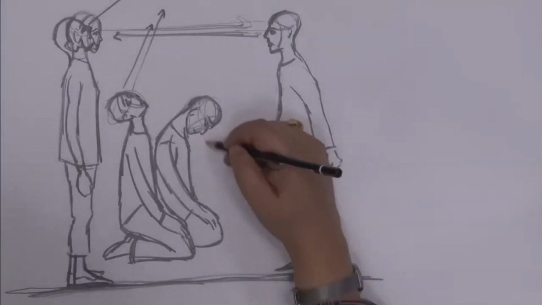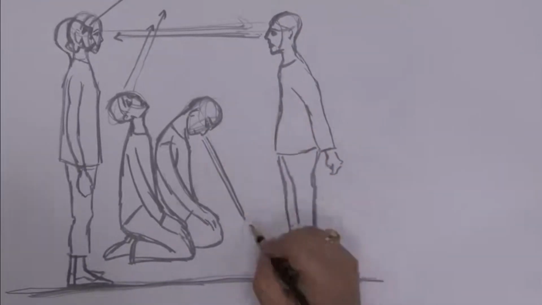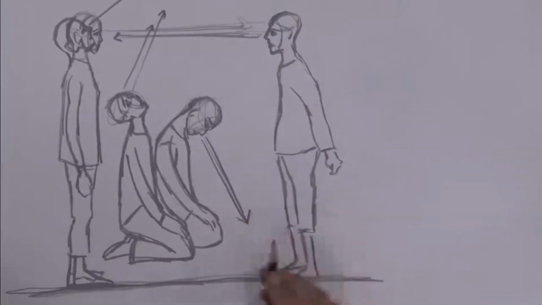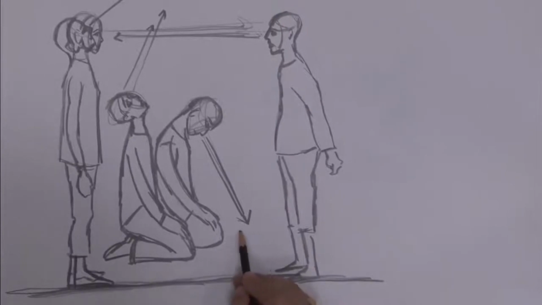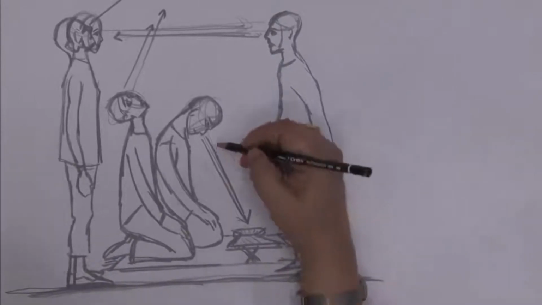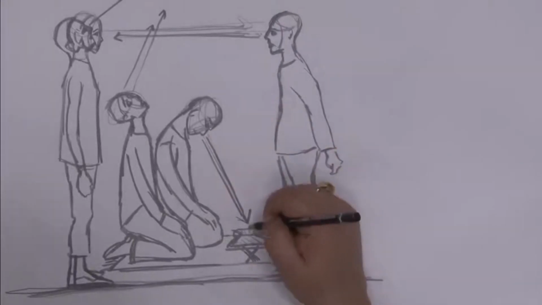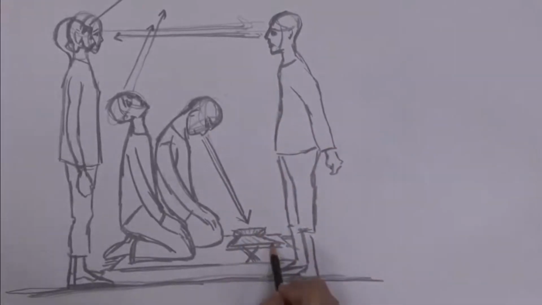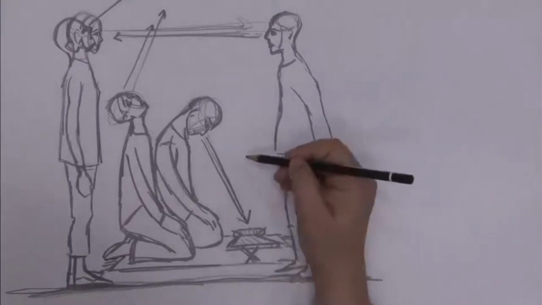So, we can afford to have another place where the eye will go, and we can also place an object here, maybe a book that he is reading, maybe some other thing. So, to direct the viewer's attention towards one object is possible by eye direction.